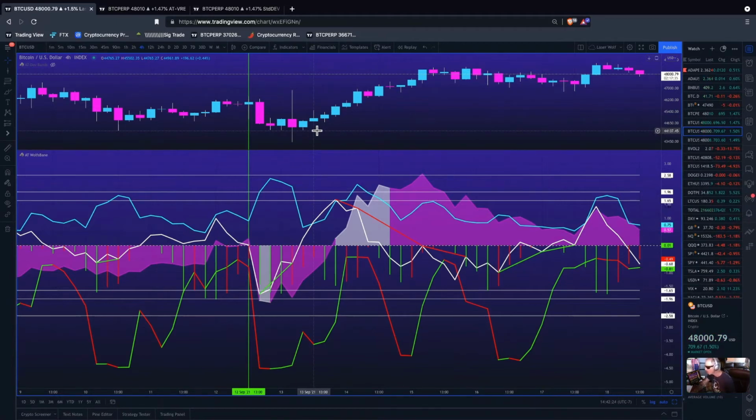Let's see. Back up 4,000, right? So we literally dropped $3,500 4-hour candle. And then from here, we raise. God, that wrong? It looks like way more. Let's see, just with the candle. Yeah, 4,000.